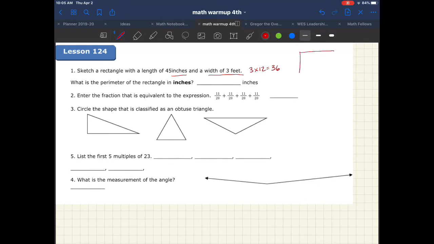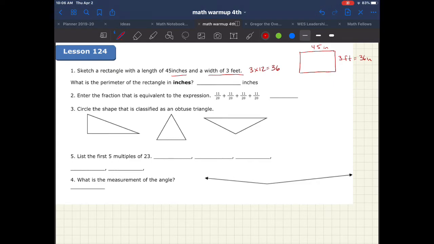So I'm just going to make a rectangle, making it a little bit longer than it is wide. This is 45 inches, and this is 3 feet, which of course is equal to 36 inches.